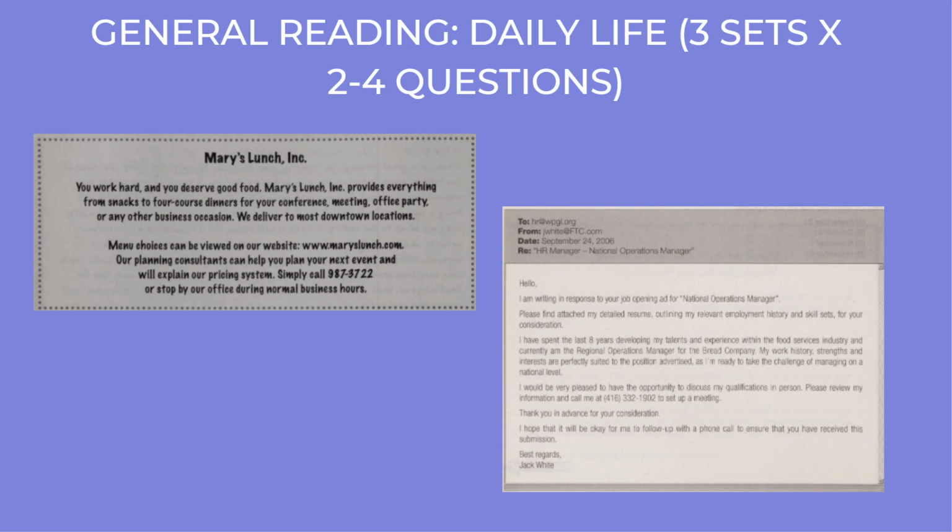You're going to read like an advertisement, or maybe a coupon, or an email, or a short like newspaper article or some announcement or maybe a product receipt. Just those general sort of things you read in your everyday life. And then you're going to answer some questions about it.